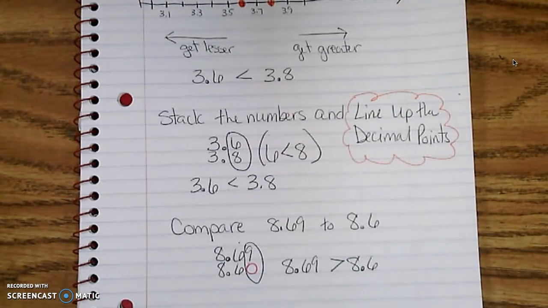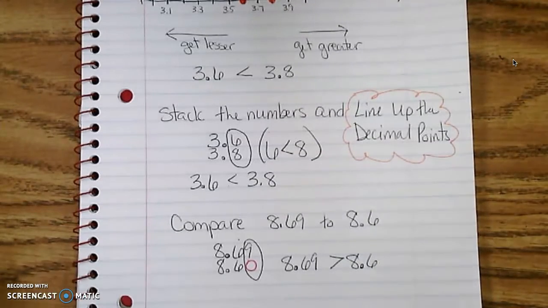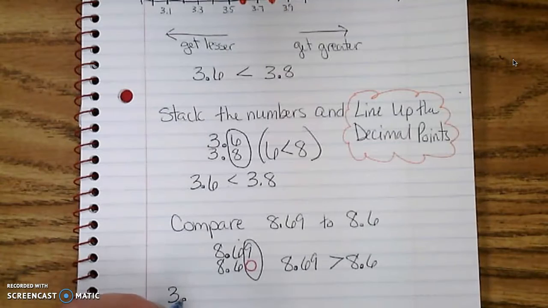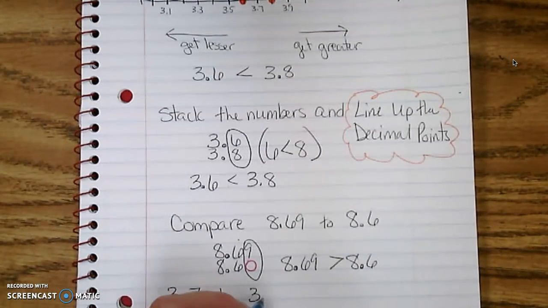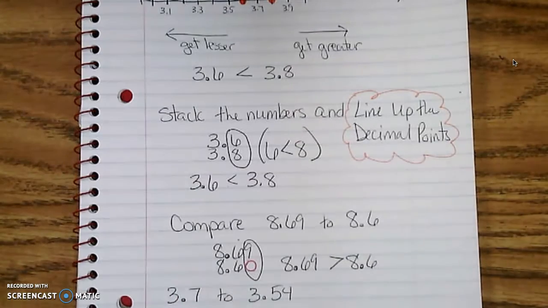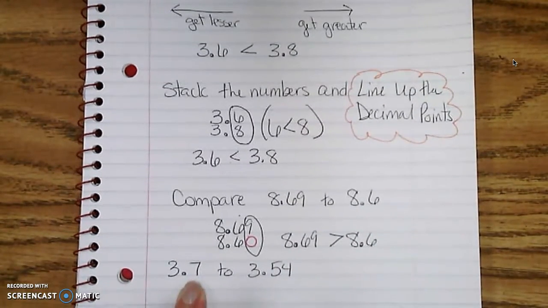Now I want to do one more for a situation I have seen occur many times. I might ask you to compare 3 7/10 to 3 54/100. Some students will look at this and think, oh, 54 is greater than 7. That is their first thought.